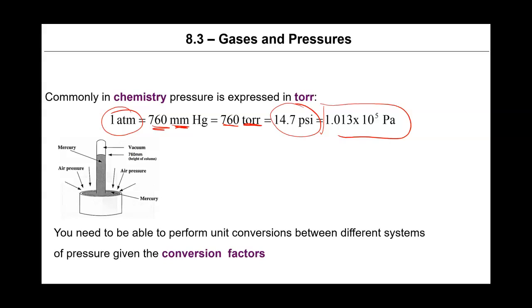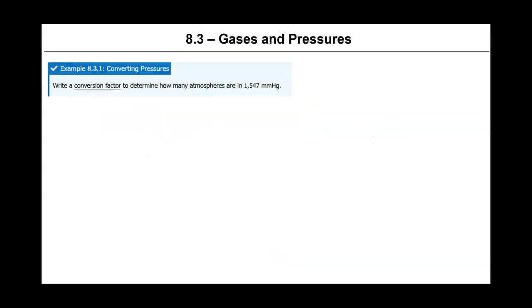Now, you don't need to remember all of these conversion factors, but if you are given these conversion factors, you should be able to perform unit conversions between different systems of pressure. So let's have a look at this. It says write a conversion factor to determine how many atmospheres are in 1,547 millimeters of mercury.